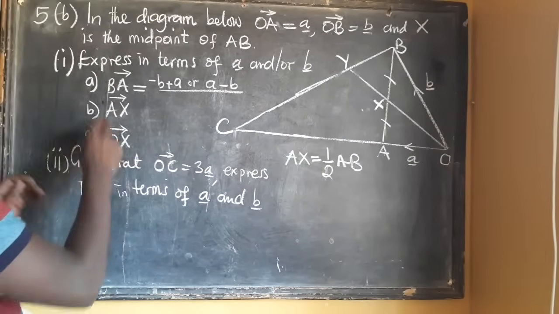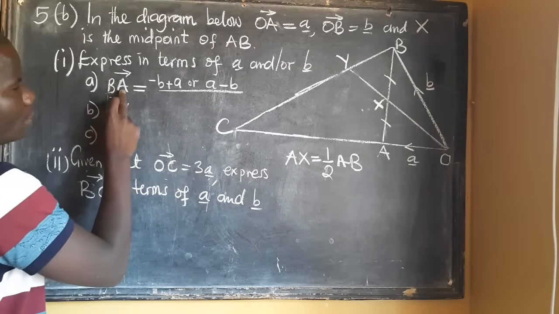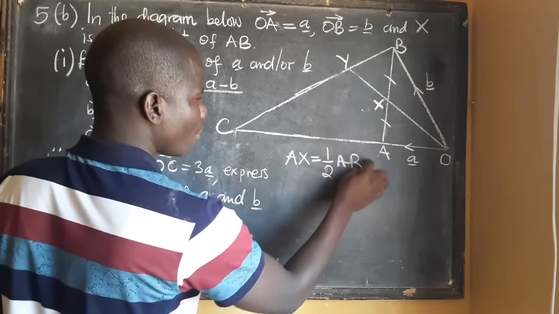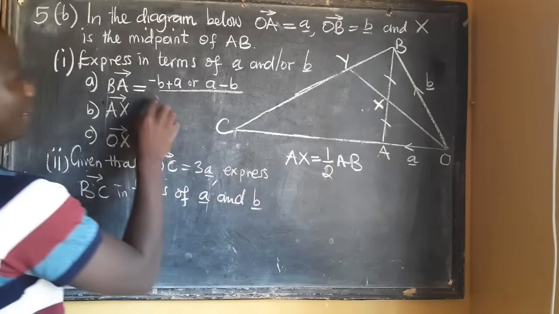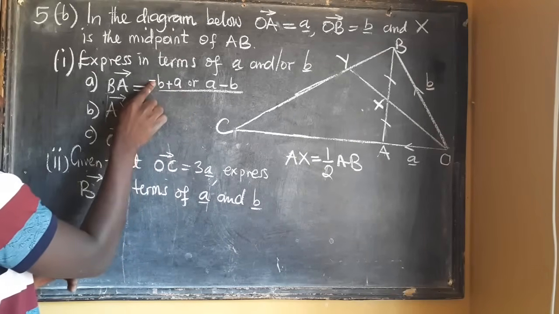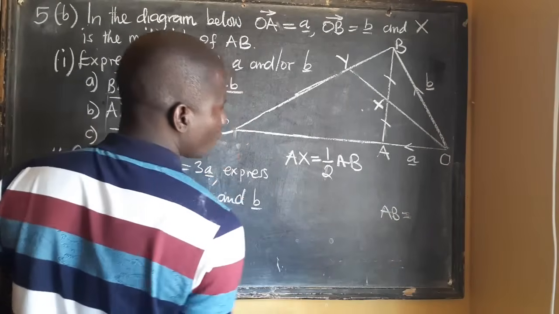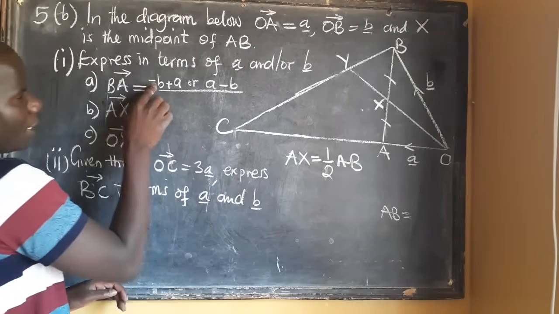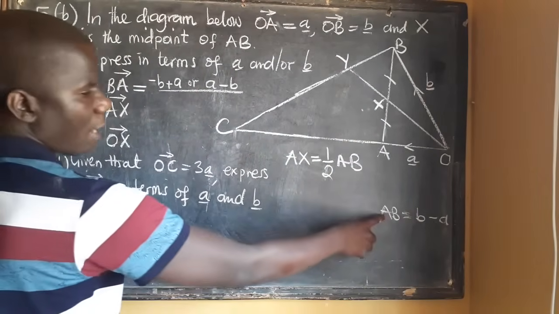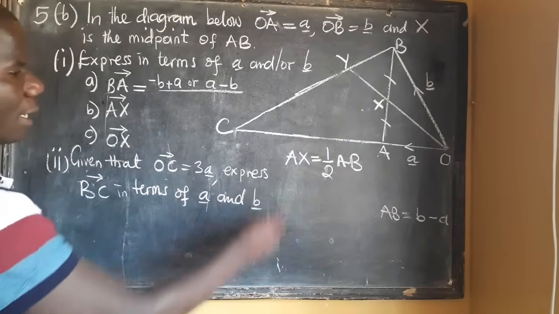Now, when you look at what we have here, this is BA as opposed to AB. So in order for us to have AB, it is going to be the opposite of this one. So AB is going to be equal to, instead of this one being a minus, B minus A. This is our AB.